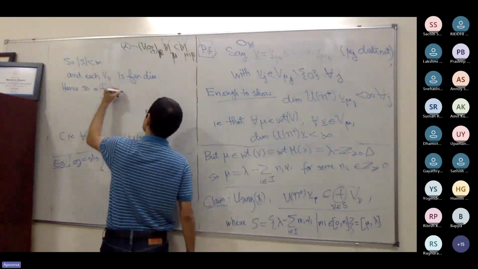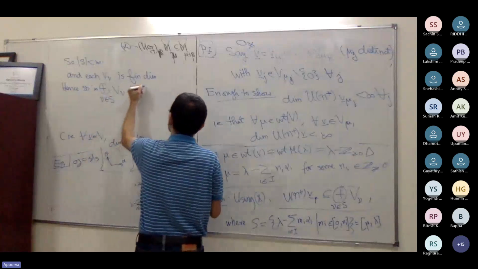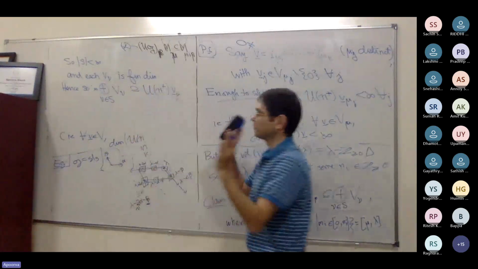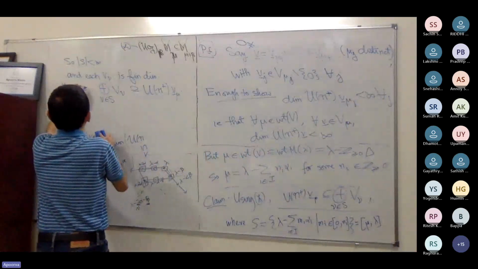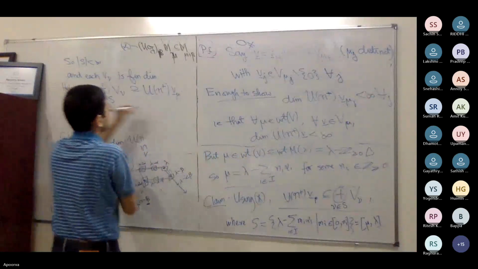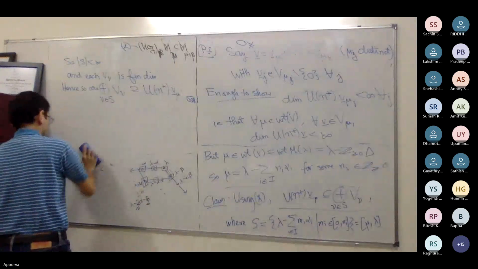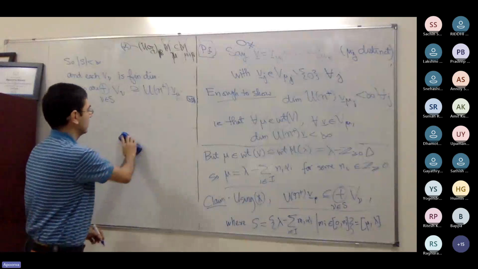But this is a vector space that contains U(n plus) times V. So therefore U(n plus) times V is finite dimensional.